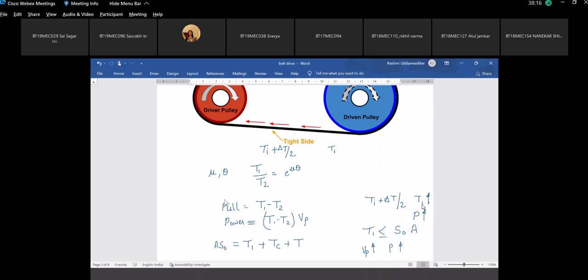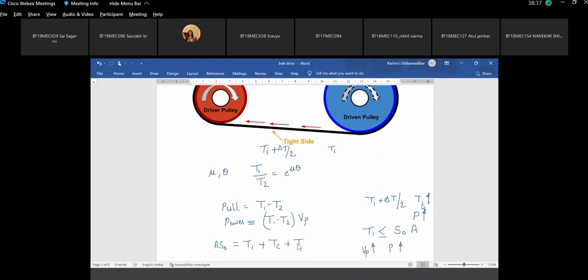One is the tension on the tight side because of this rotation of the pulley. Second is the centrifugal tension by virtue of its speed. There is one more tension in the belt. And what is that?